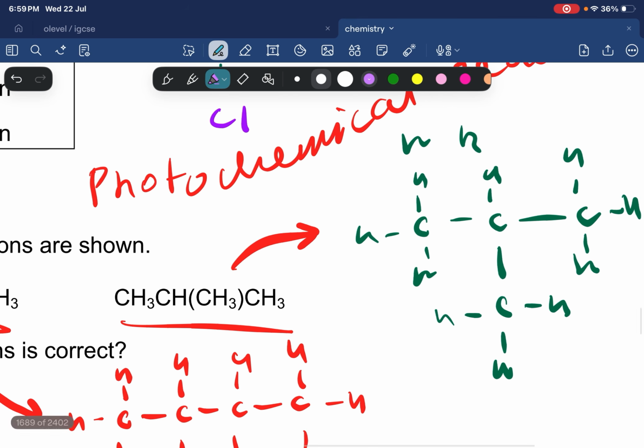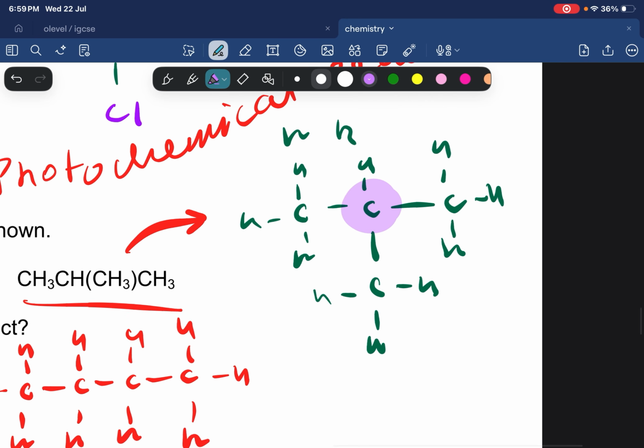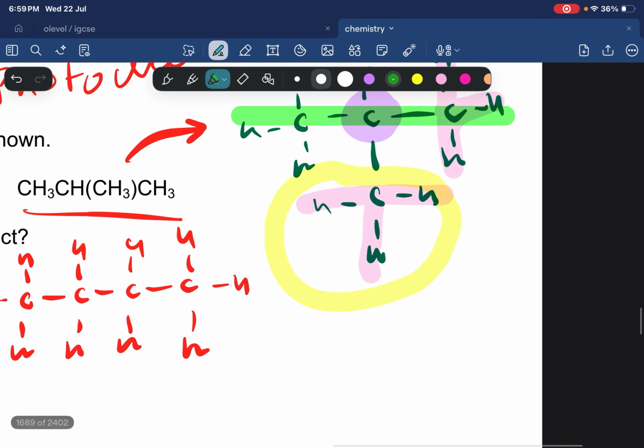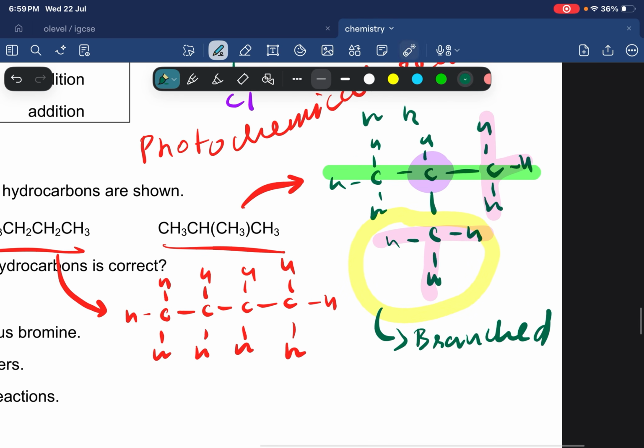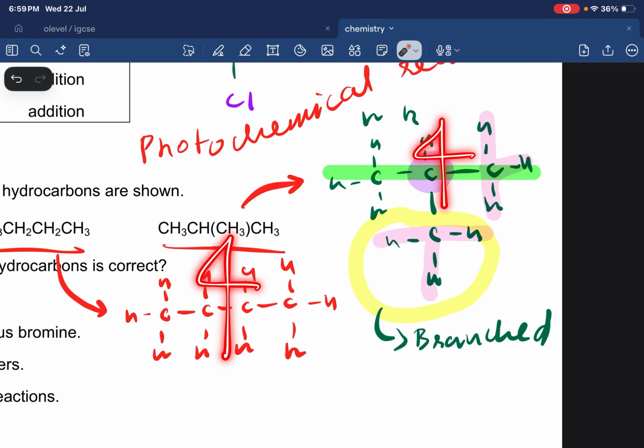You've got to learn one thing. This carbon atom has this thing and this thing attached to it. So basically this thing is coming out of your straight chain. So this thing is a branch. And always remember that when you have the same number of carbons, like 4 carbons here and 4 carbons here, but this one is a branch, this one is a structural isomer of the other one.